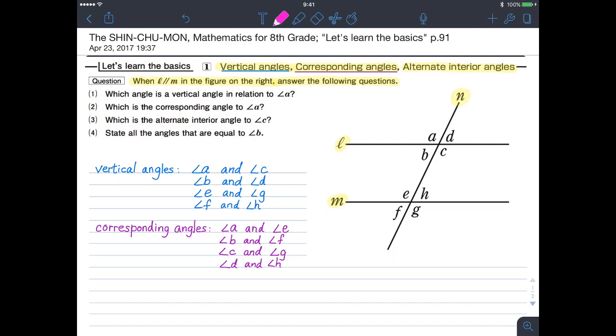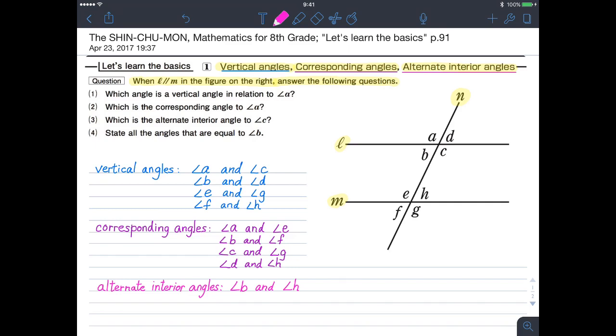And finally, we have alternate interior angles. Alternate interior angles are angles such as B and H. They are called alternate interior because they are on alternate sides of transversal N, and they're in the space that is interior between the parallel lines L and M. Therefore, we can note that B and H are alternate interior angles.